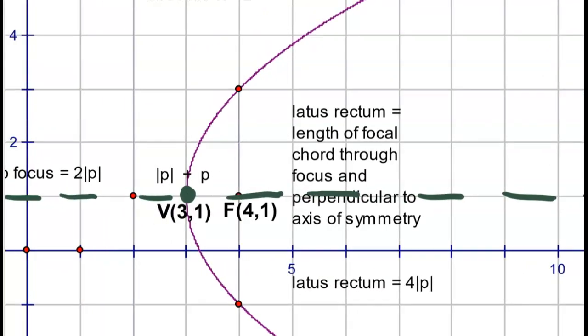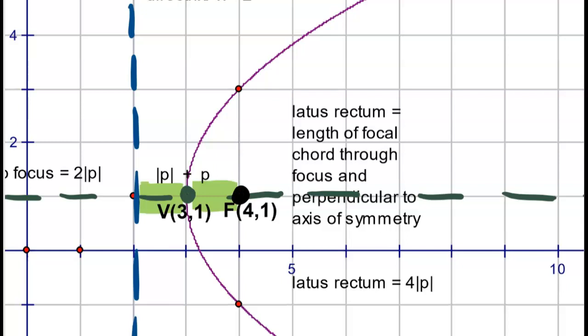So my directrix is a line that is perpendicular to my axis of symmetry. So because my axis of symmetry is horizontal, my directrix is going to be here. This right here is a distance of 1. And from my vertex, I also am a distance of 1 to my focus point.